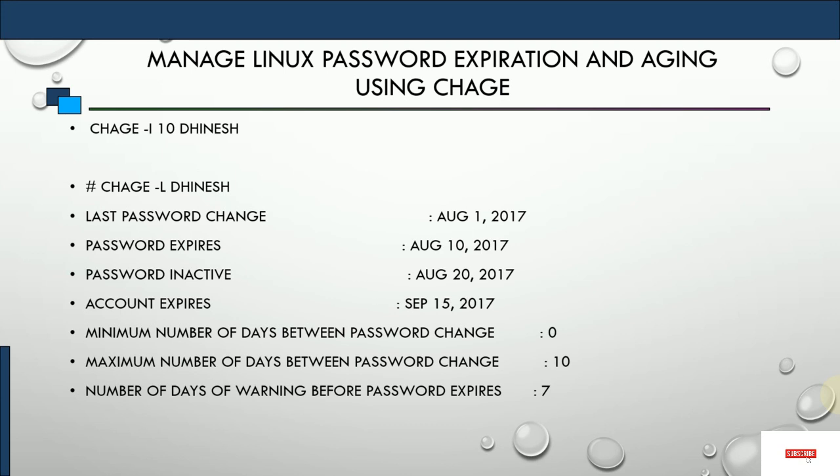After 7th of August, whenever the user tries to log into the server, he or she will start getting a warning message like your password is going to expire in the next 3 days, so please change your password. This is the warning message a user will start getting once he or she tries to access the Linux server. So this is all about password expiration and aging using the chage command.